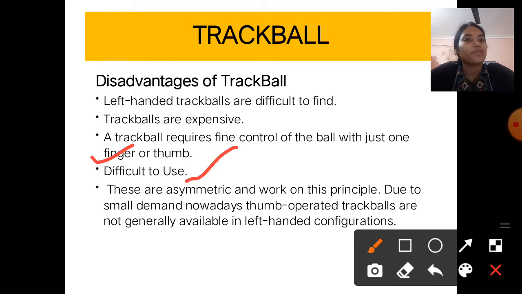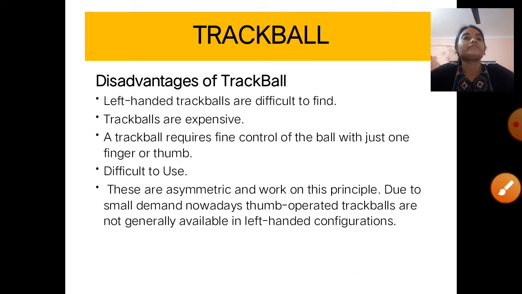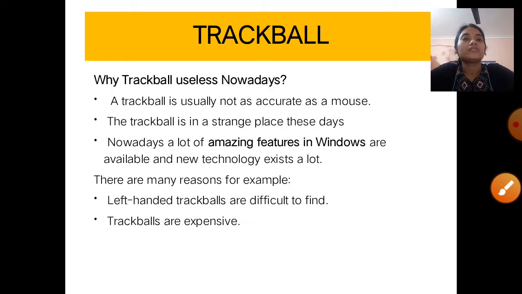These are symmetric and work on this principle. Due to small demand, nowadays thumb-operated trackballs are not generally available in left-handed configuration. Okay, these are the disadvantages.